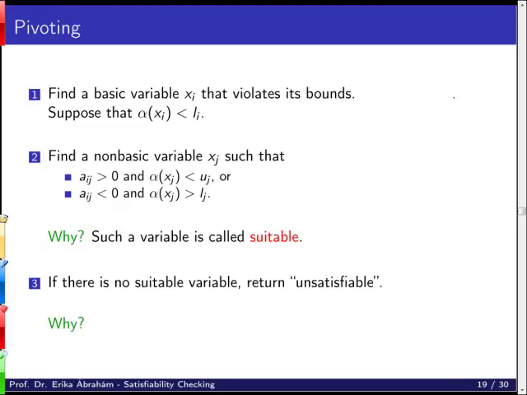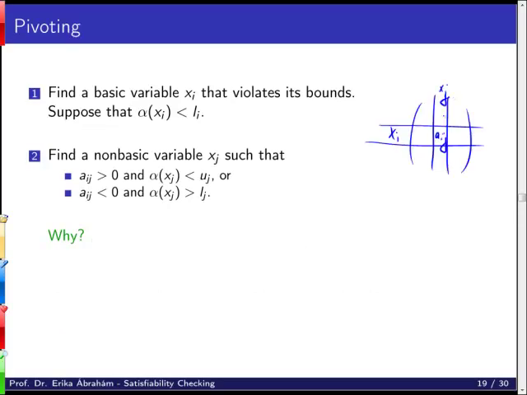Why is it the case? So I go back one slide because there is this tableau. So assume I have this row and I call just now the left-hand side fi equals.